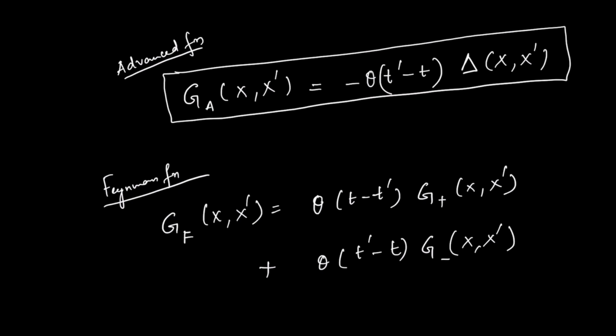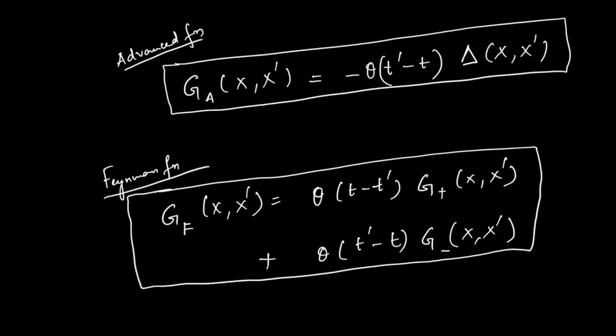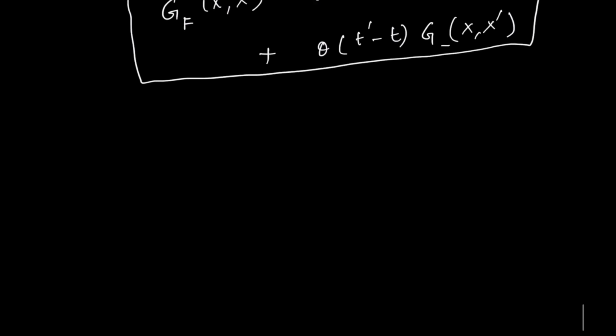Okay, for the time being we define these objects just like this, and their meaning will be clear later. So I have defined G plus, G minus, GR, GA and GF. Now we will see the properties of these propagators, of all these functions.